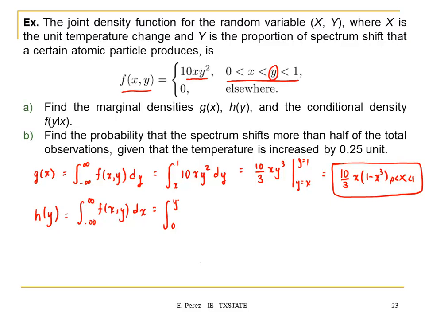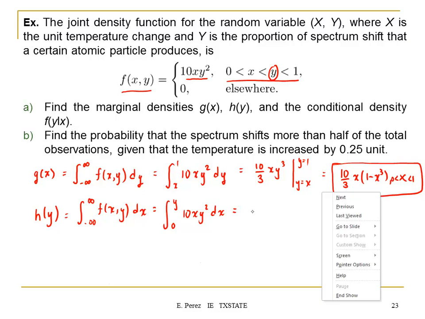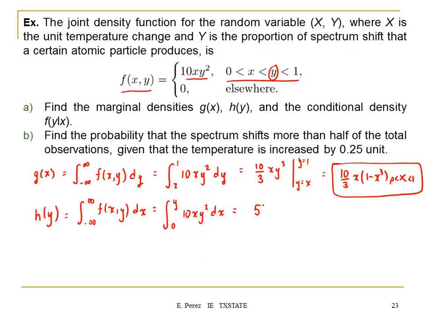Everybody knows why? Because x goes from 0 to y. Okay? So state the integral, x y squared dx, and that should be equal to 5y to the 4th when y is within 0 and 1.